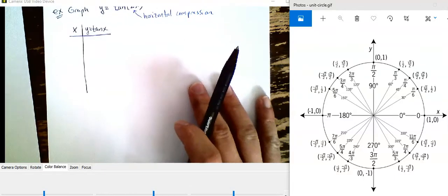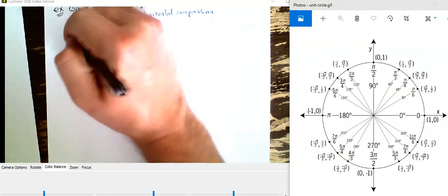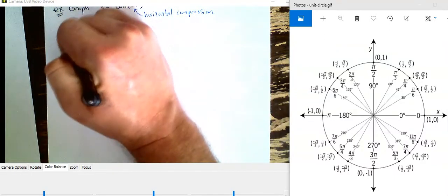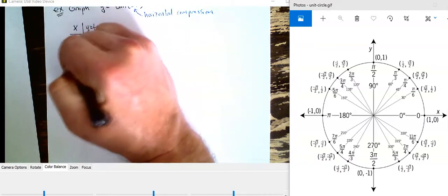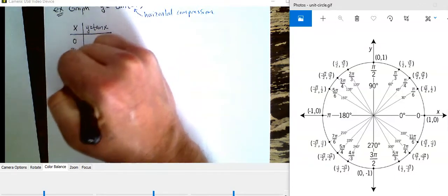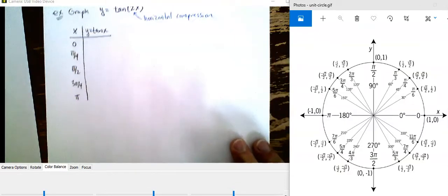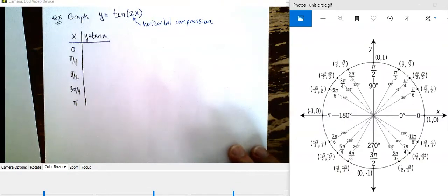So let's go 0 to pi instead of 2 pi, and let's count by pi over 4. So pi over 4, pi over 2, 3 pi over 4, and then pi, because we get one period of the tangent function in that interval.